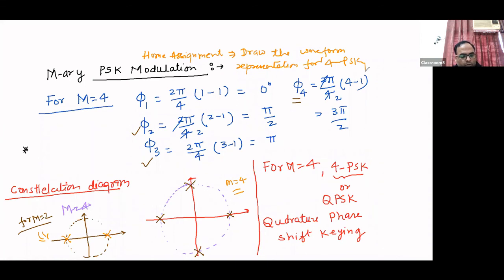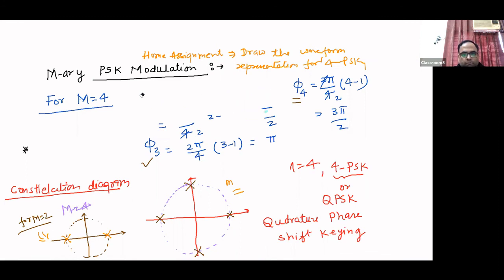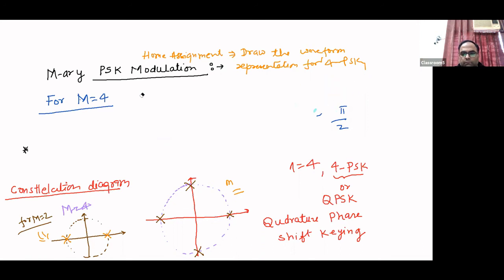Now, if we talk about some characteristics of PSK, there are a few mathematical formulas which can be helpful for you.